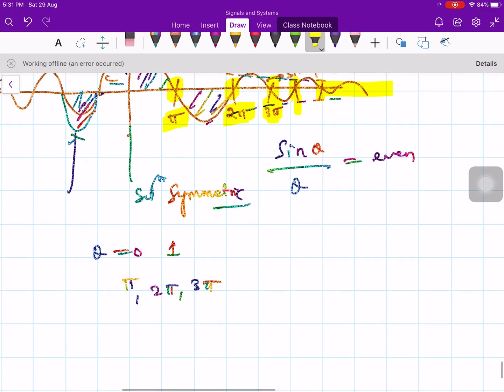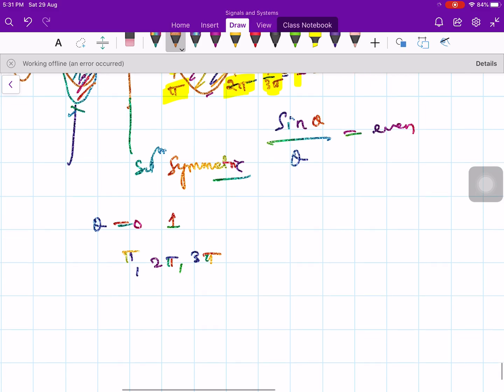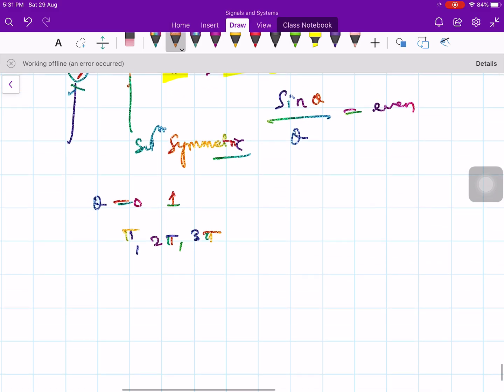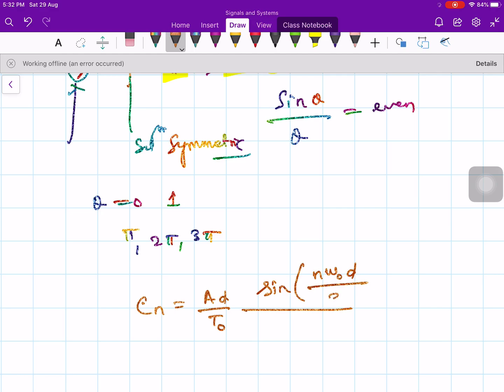Now we got an expression that is similar to this, sine theta by theta type. So Cn is equal to a times d divided by t naught, sine of n omega naught d by 2 divided by n omega naught d by 2.